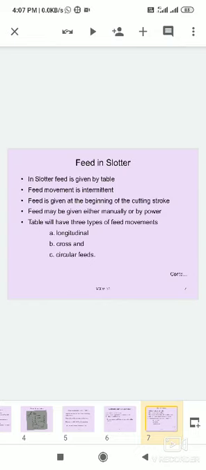In the power feed mechanism, a roller slides in a cam groove formed on the face of the bull gear. This roller is attached to the lever and moves it up and down only during a small part of the bull gear rotation. The cam groove is formed such that movement of the lever will take place only at the beginning of the cutting stroke.